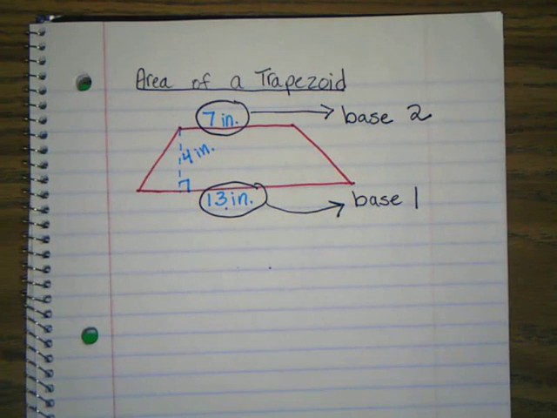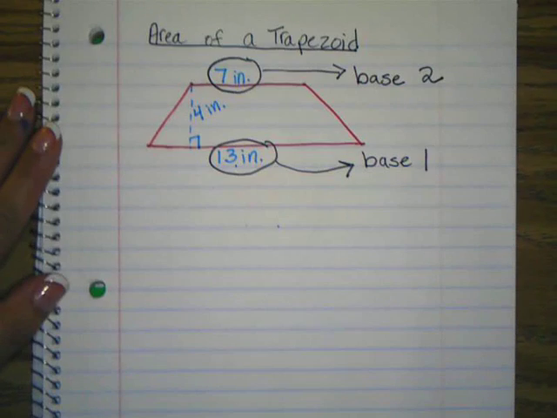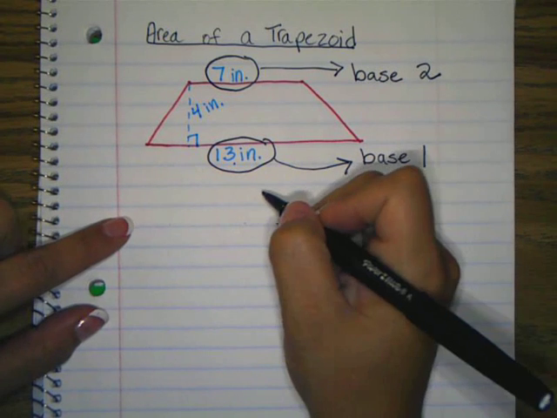So the first thing I'm just going to go ahead and do, I'm going to tell you the formula. Okay? So the first way to find the area of a trapezoid is this really fun and exciting formula. Are you ready? Okay.